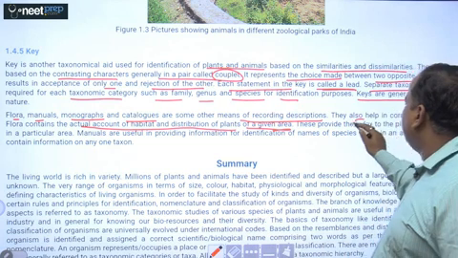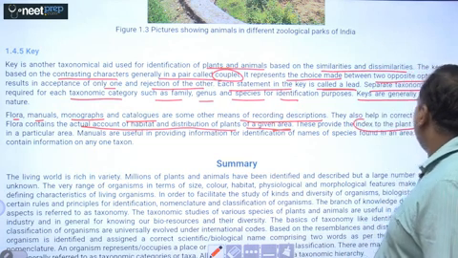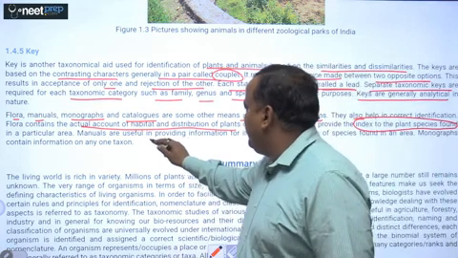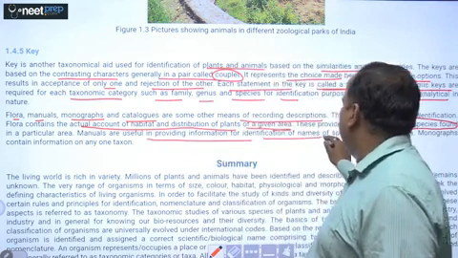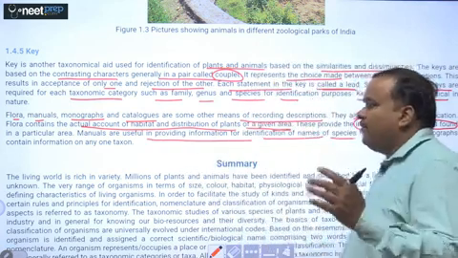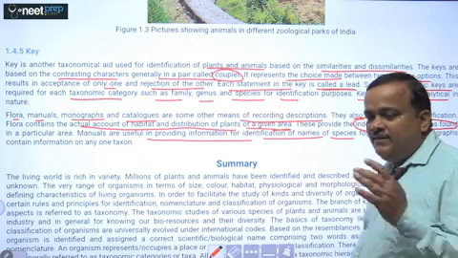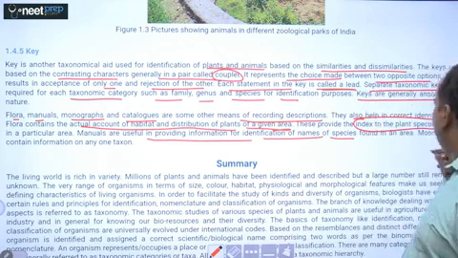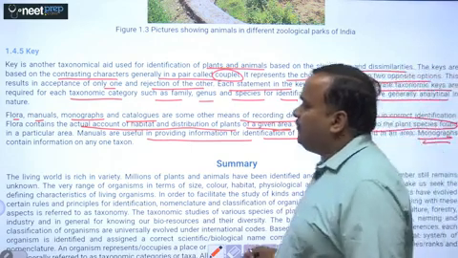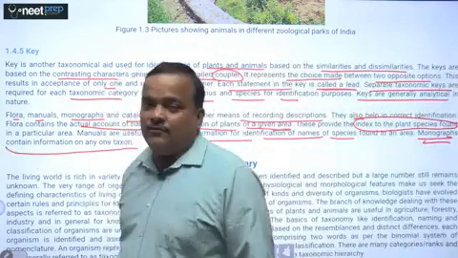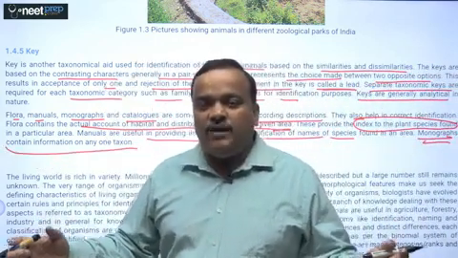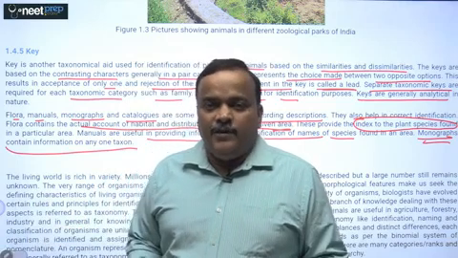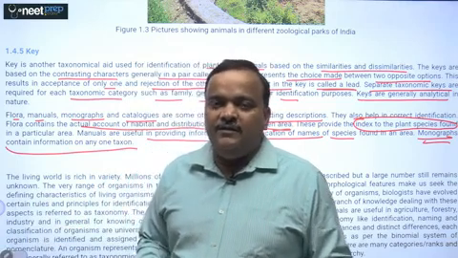These provide an index of plant species found in that area. Manuals are useful in providing information for identification of names of species, which means a manual contains the names of species present in a particular area, whereas a monograph contains all the possible information about a single taxon. For example, we can have a monograph about a species, a genus, a family or a kingdom. So we are through with this chapter, that is, the living world.